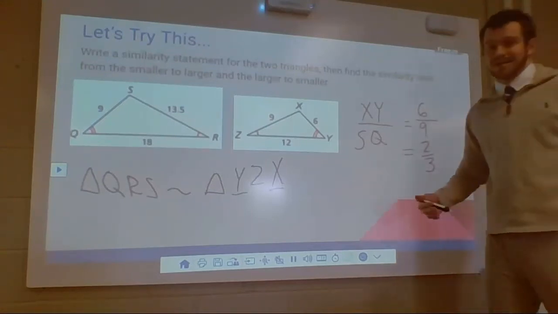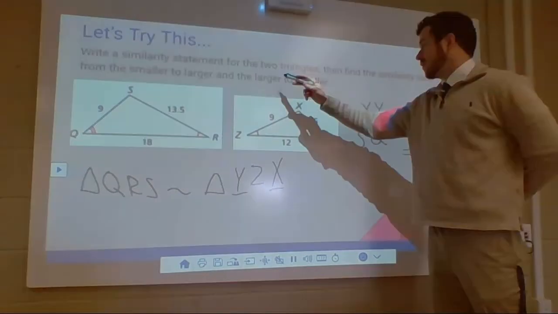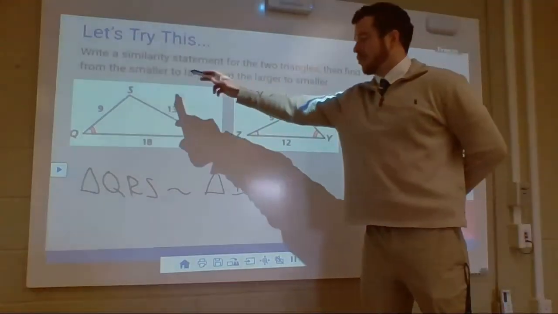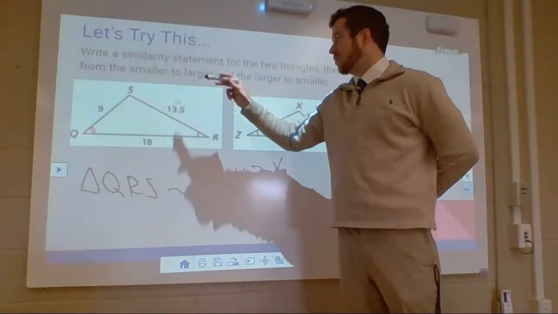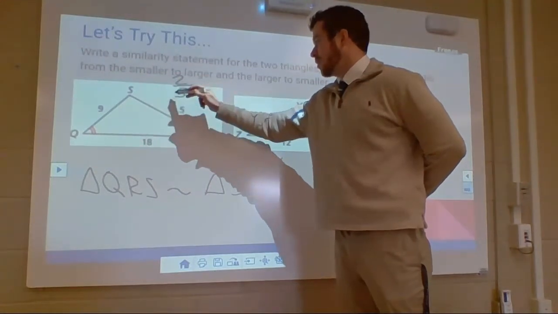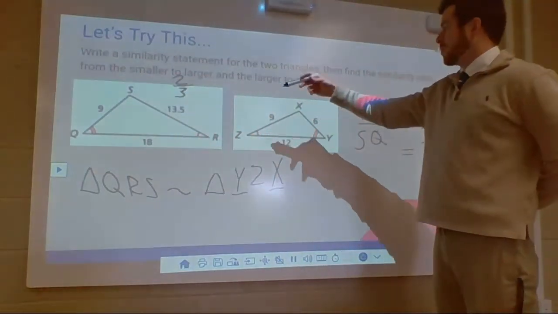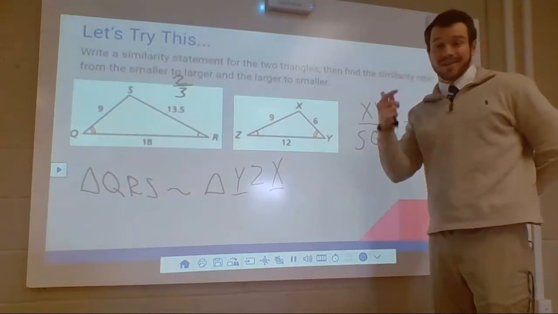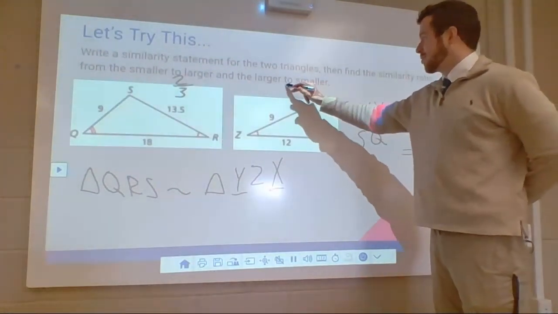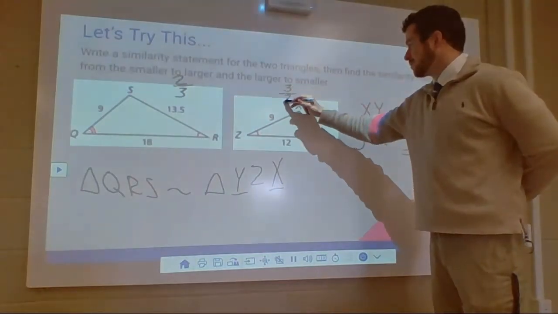Now, you may have realized this earlier, but the ratio from the larger to smaller will be the reciprocal of the smaller to larger. So we said that the ratio from the smaller to larger polygon is going to be 2/3. Well, what's the reciprocal of 2/3? Think reciprocal. You just flip it over. It's going to be 3/2.